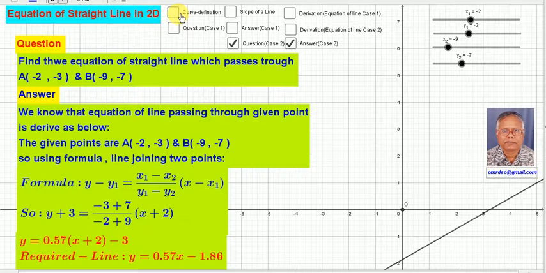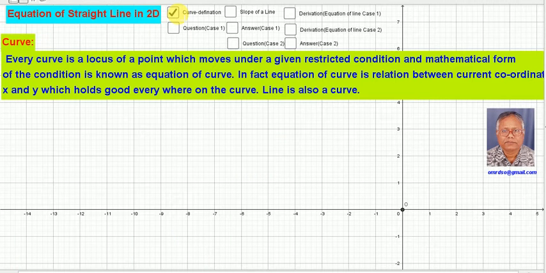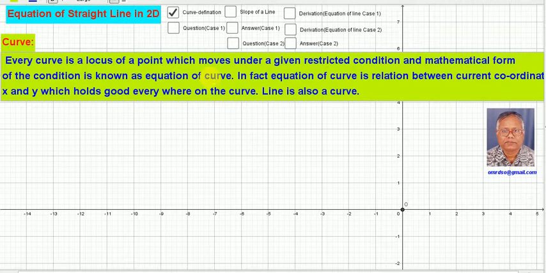I am starting from the definition of a curve. What is a curve? You have to understand what you mean by a curve. Basically, a curve is the locus of a point which moves under a given restricted condition, and if you are able to represent the condition in mathematical form, then that will be known as the equation of the curve.